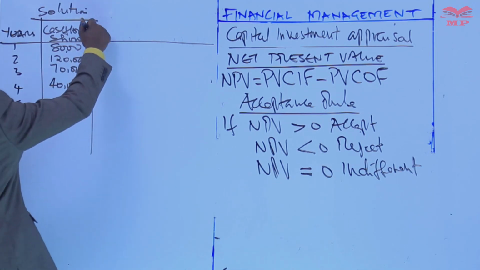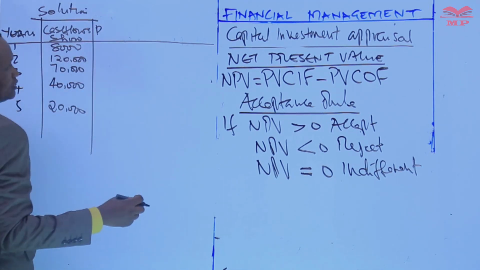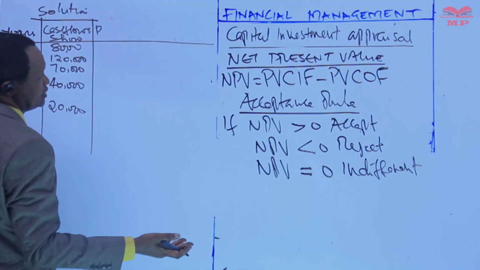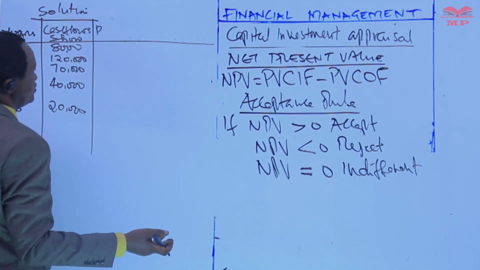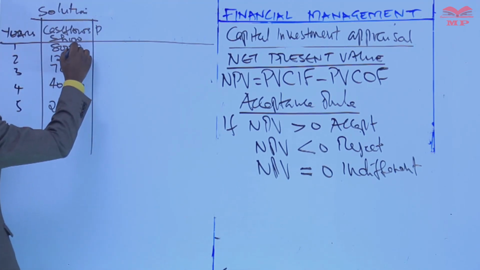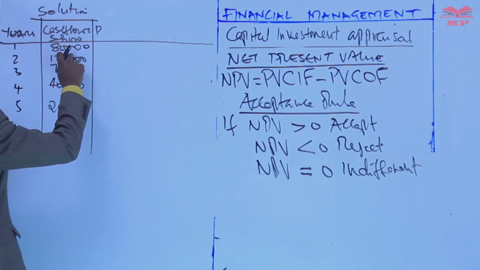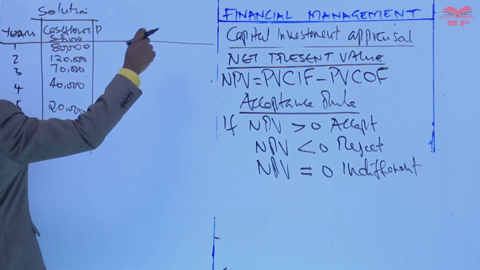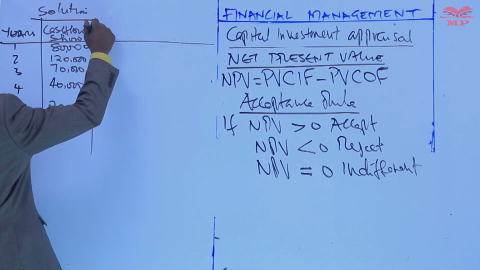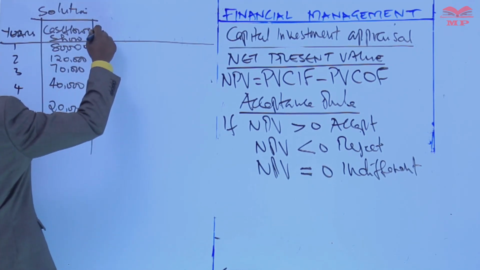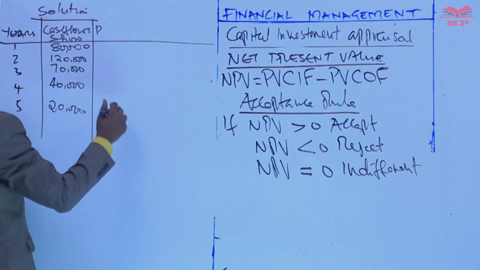Then we have to discount. Present value means discounting. To get the present value of a cash flow is to discount the cash flow. These cash flows are in future terms. This is money that is expected to be received in future. So we have to discount this money at a discounting rate.